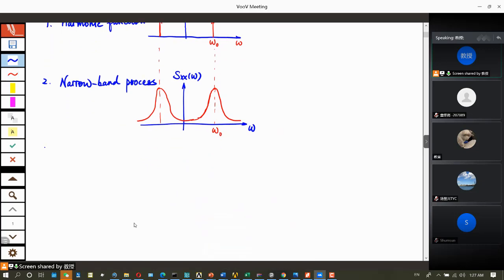And then third, draw a wide band, or you can draw a white noise process.